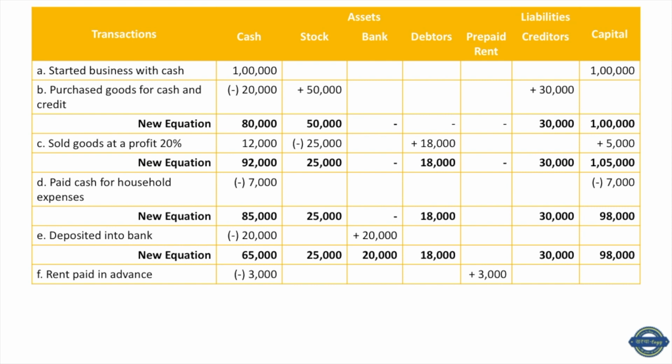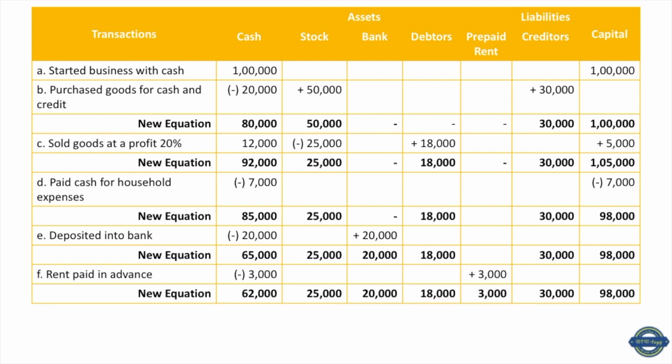Since rent has been paid, we are going to deduct cash for rupees 3,000 and we are going to add this under the asset column. As this is a prepaid rent, we are going to benefit from this in the next accounting period, so this becomes an asset. Therefore 3000 will be under assets as prepaid rent.